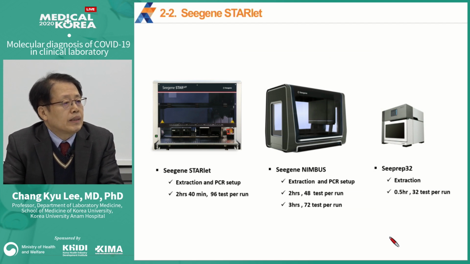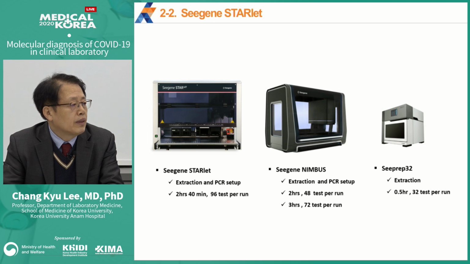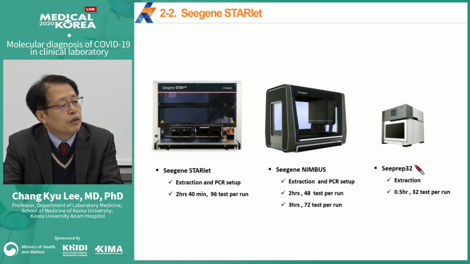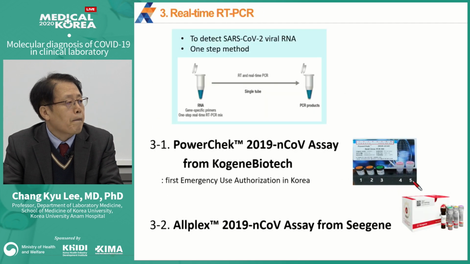This one is Starlet equipment, which can handle 96 tests for 2 hours and 40 minutes. It has also a small device just for extraction. So the third topic is RT-PCR.